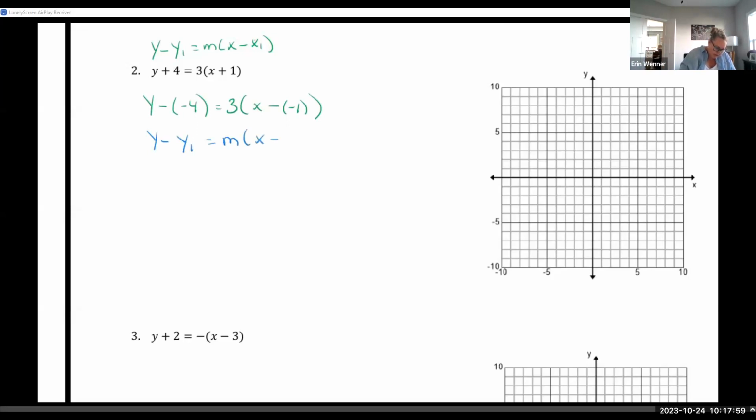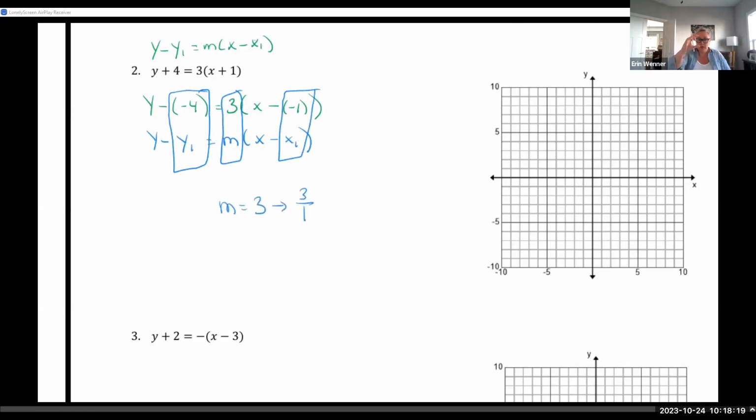I can identify the values that match up more easily because I have that subtraction sign that I'm supposed to have in front of the value. So from here, I can see that my slope is 3, which we rewrite as 3/1, right? You have to have it as a ratio of a vertical change over a horizontal change.